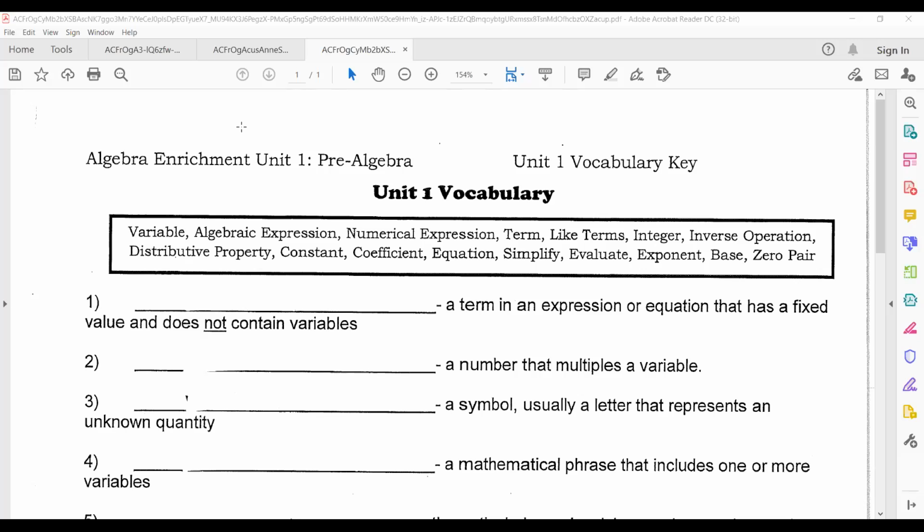There are more words in this word box at the top than there are problems on this page, I believe. Some of these are going to be essential words to know when we start solving equations.